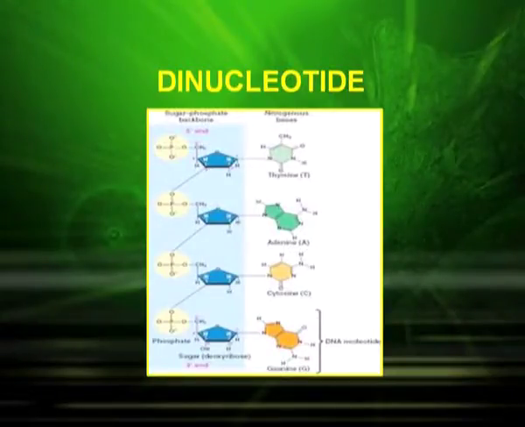As in the picture, you can clearly see the nitrogenous base is attached to the sugar. The sugar is attached to the phosphate group and there is a linkage between the 3' and the 5' between the two nucleotides.